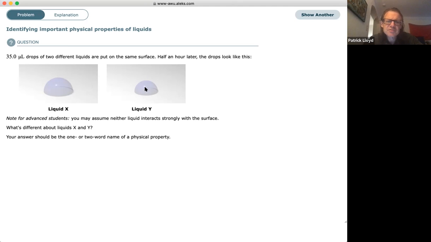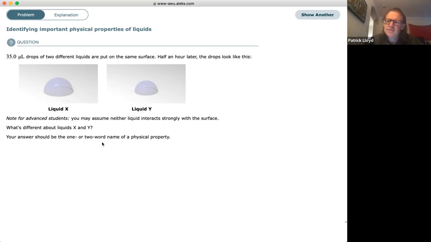That's what's happening here. This one's evaporating more quickly. So it's really an issue of vapor pressure. The higher the vapor pressure of something is, the more rapidly it evaporates at a given temperature. So if this one has a higher vapor pressure, it will evaporate more quickly than this one that maybe has a lower vapor pressure. So the answer here is just vapor pressure, right?